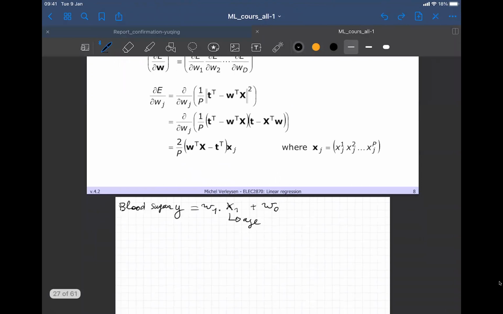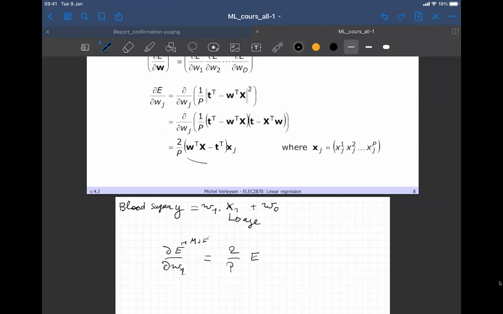I want to update these weights, so I want to compute the gradient. Here, the derivative of the MSE loss we used before should be 2 over the number of points times, for simplicity, the parenthesis, which I will just call the error.